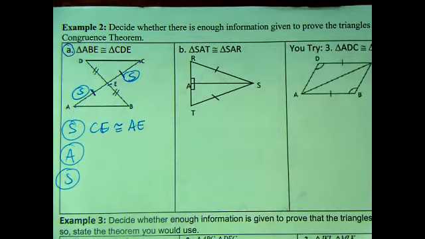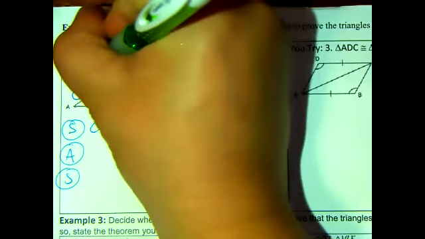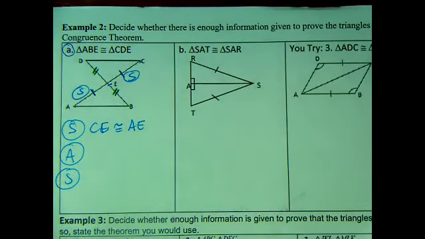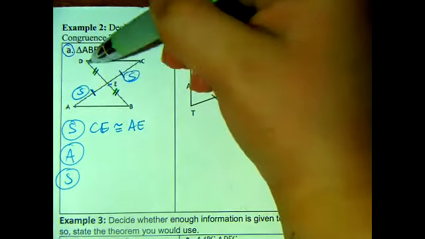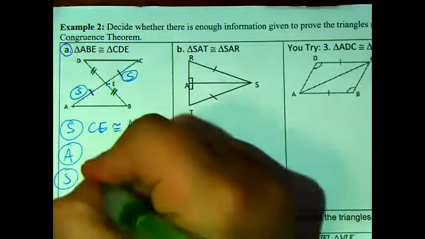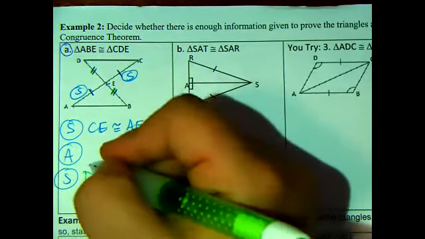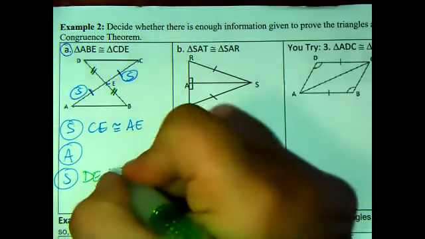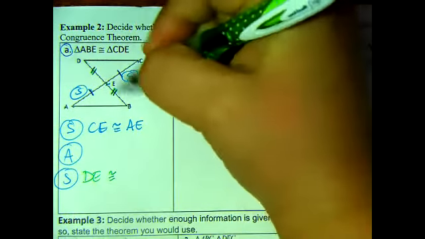Another one of my sides here, I have two tick marks here and two tick marks here. Okay, which means I have another pair of congruent sides, DE is congruent to BE.